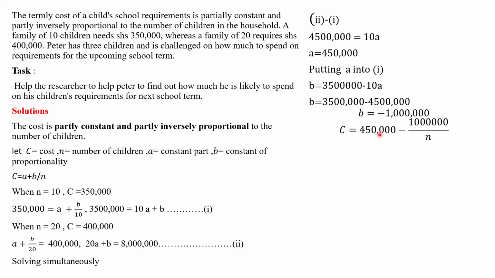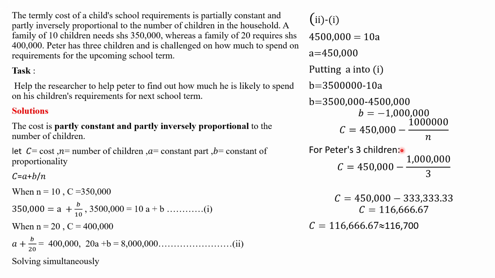Now it's what we are going to use to help Peter to determine the expenditure he's likely to incur for the 3 children. Here I have 3 children, but I don't know the cost. So for Peter's 3 children, I say C is equal to 450,000 minus, because we would have had plus B over N, but B is negative.